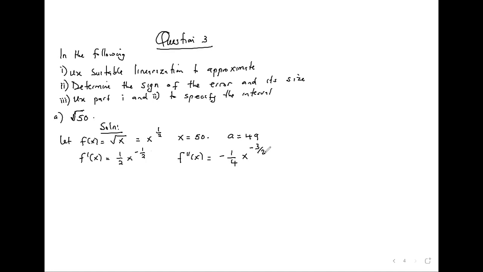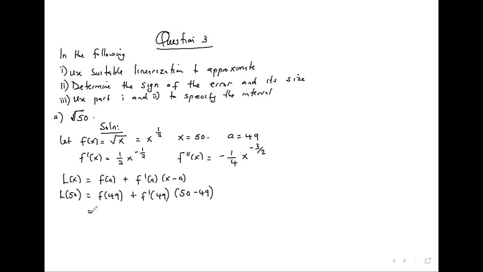So for the error itself, first we do the approximation. That will give us f of a plus f prime of a times x minus a. This will be like saying L of 50. This is going to be f of 49 plus f prime of 49 times 50 minus 49.